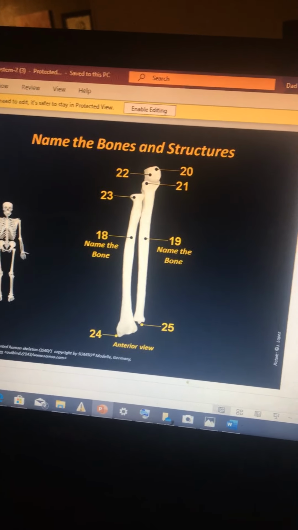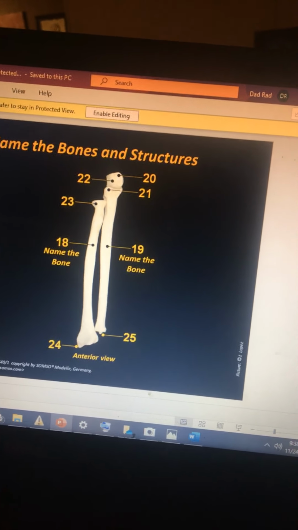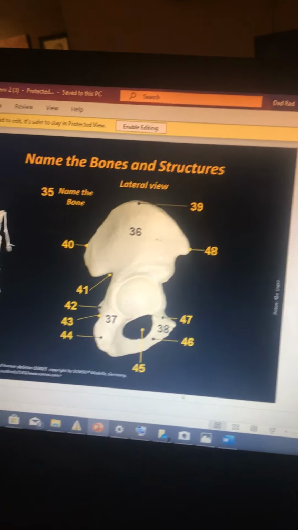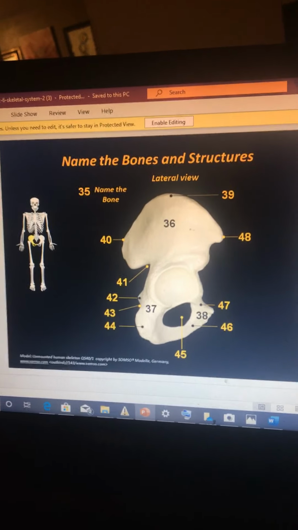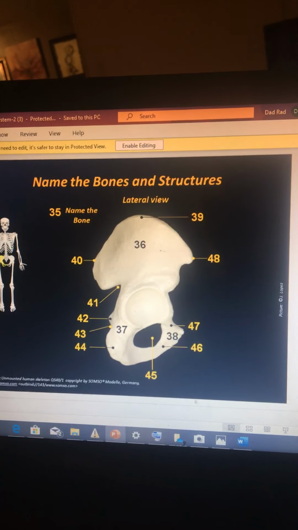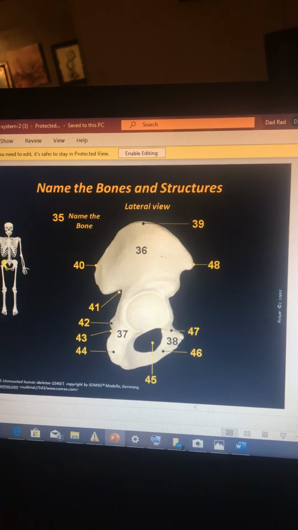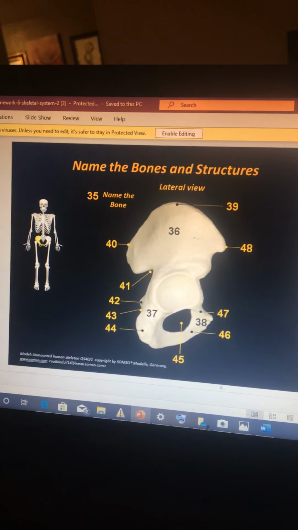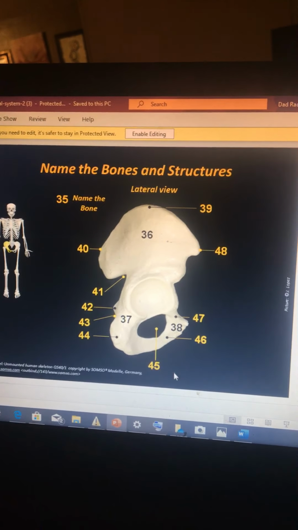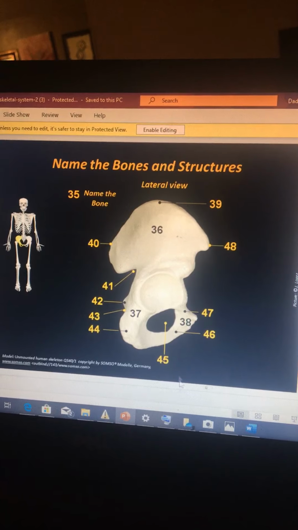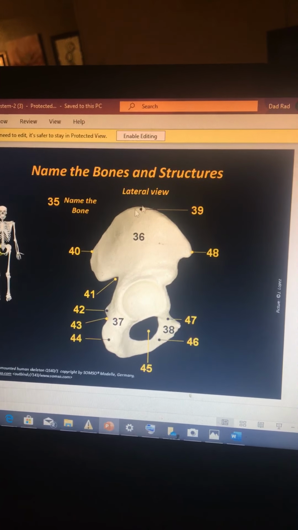Let's see. Let's talk about this one. This one has 3 different bones that have been fused together. So this is 3 different bones.